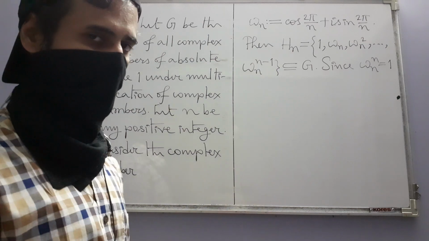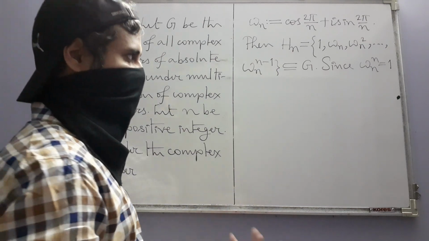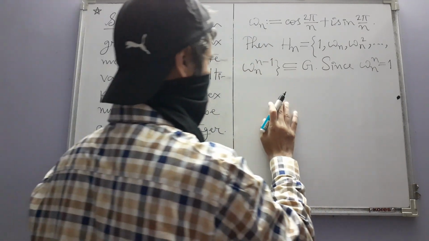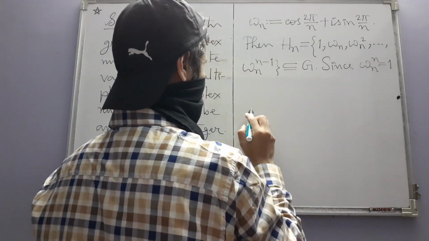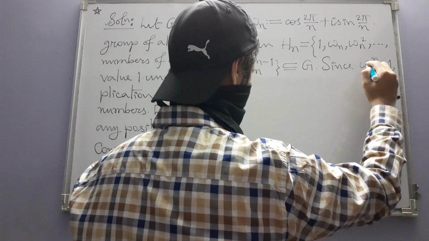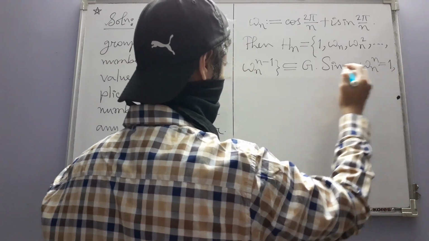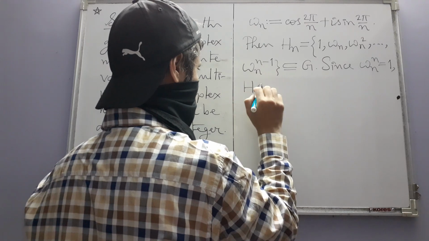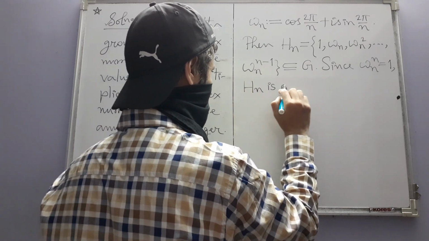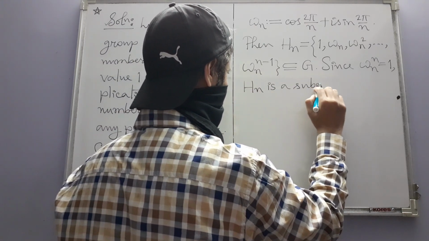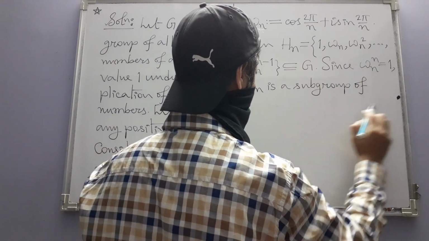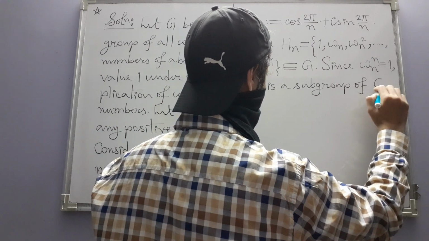And they are distinct. So these are properties from ordinary complex analysis. Using this fact, using this equation, you can easily prove that Hn is a subgroup of G.